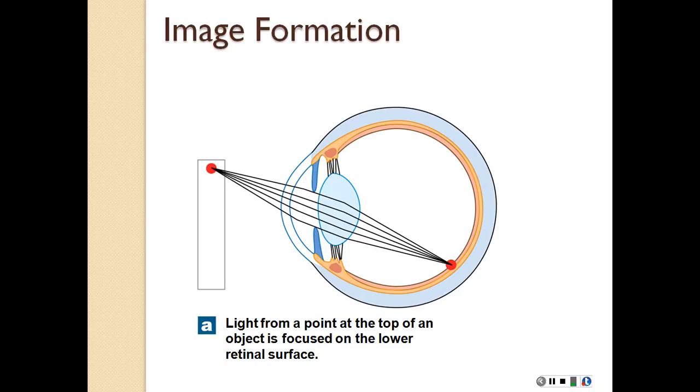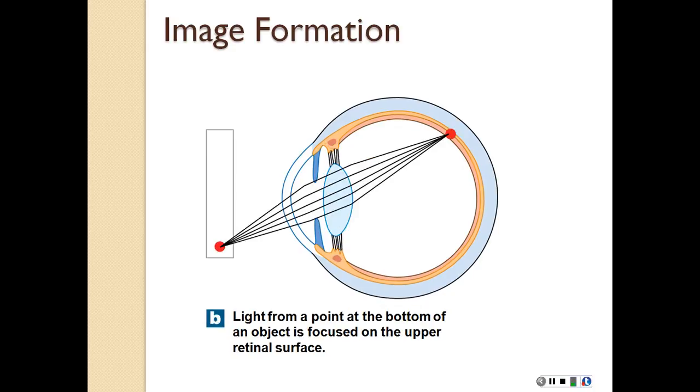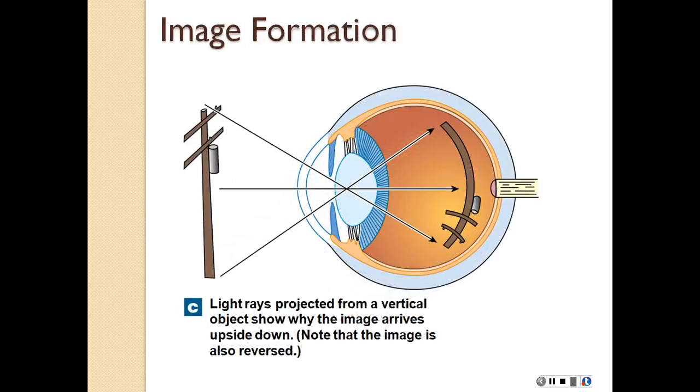And for the floor, the light rays are coming up, so they land on the upper portion of your retina. And therefore, whatever you're looking at is inverted by the time it makes it to your retina. You all may have seen that before.